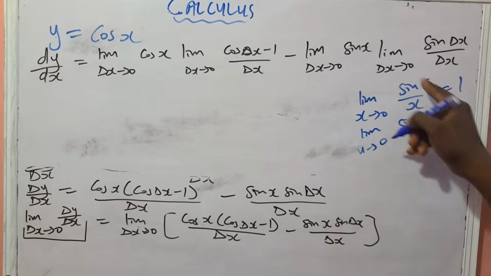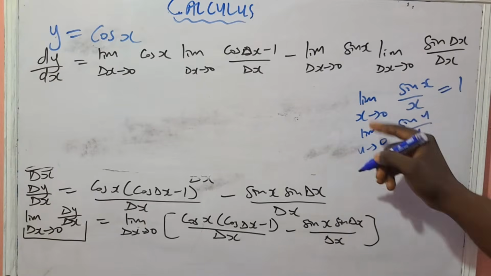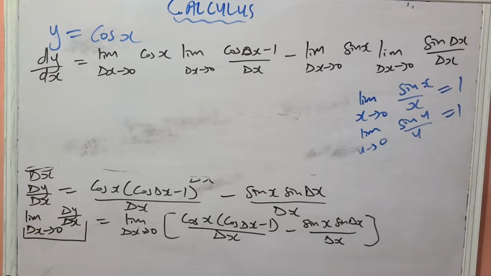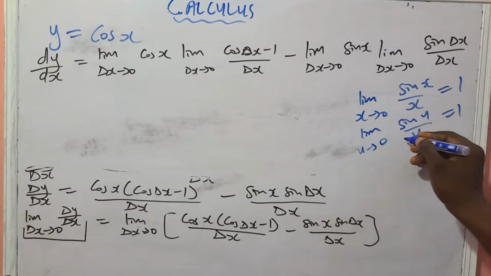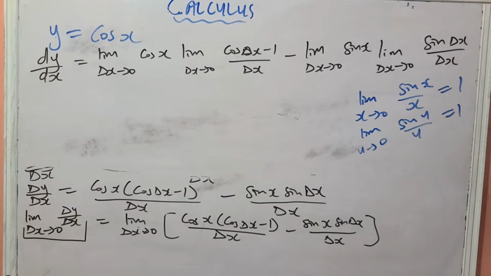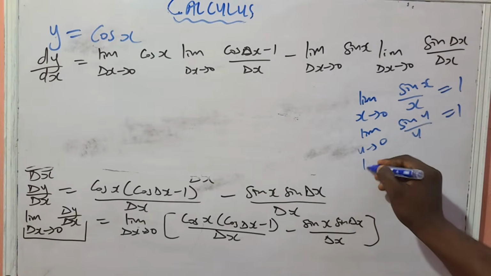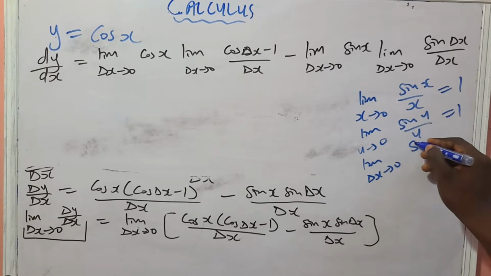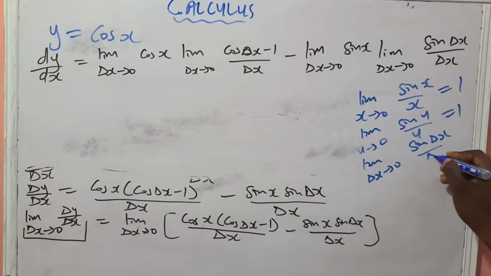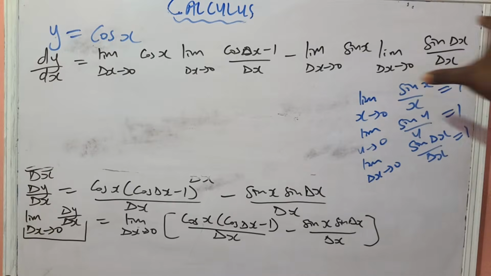No, I know that since it follows this exact pattern, it will be equal to 1 also. If it was p that was here, limit as p tending to 0 of sine p over p is also going to be 1. So that tells me already that the limit of change in x tending to 0 of sine change in x over change in x will also be 1. All right. So you can see what's going on there. So all this here will turn to 1 on the basis of this.